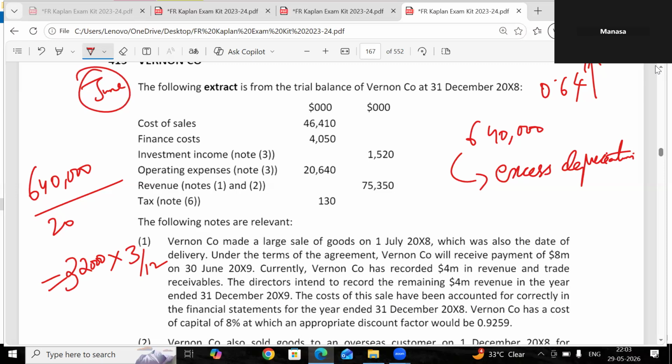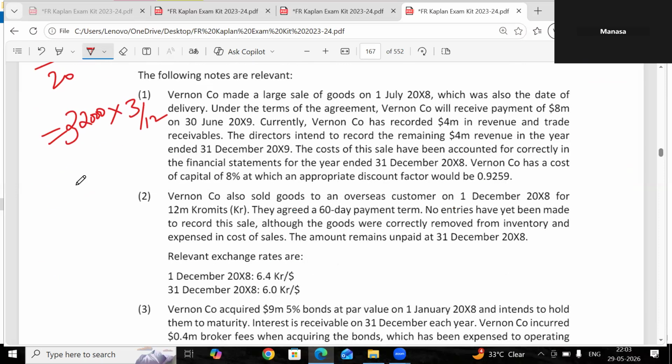So 8,000. So this is reduction in the depreciation charge.